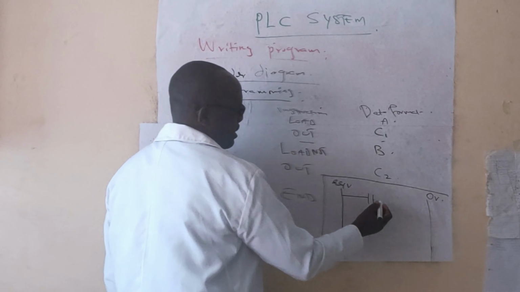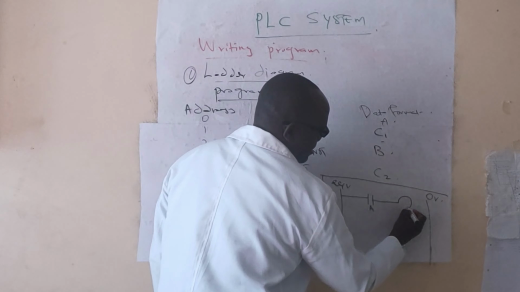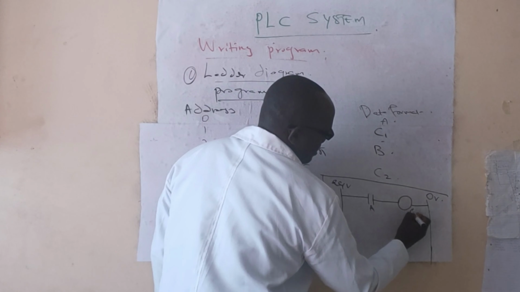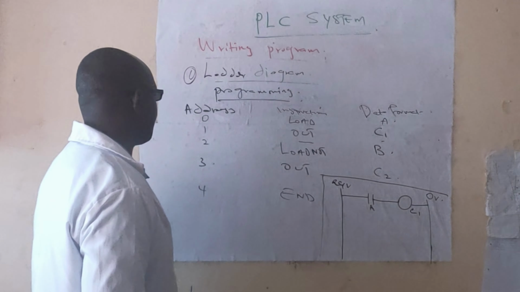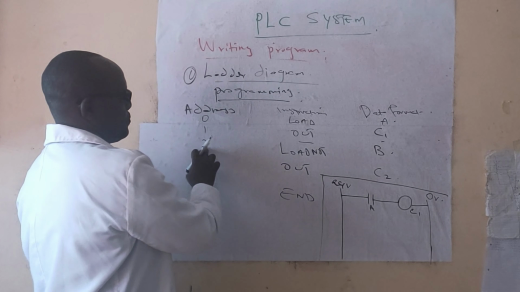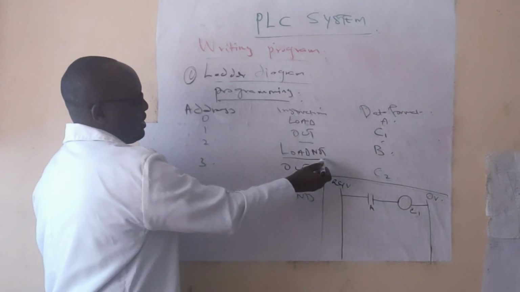Address 1 is to output C1. So the output is C1. You come to address 2. Address 2, the instruction here is to load not.